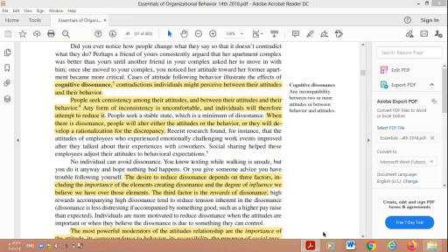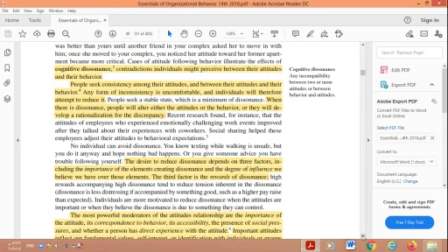There are four main factors that help us to modify the relation between attitudes and behavior. The first one is the importance of the elements creating a dissonance, or the importance of the attitude itself.